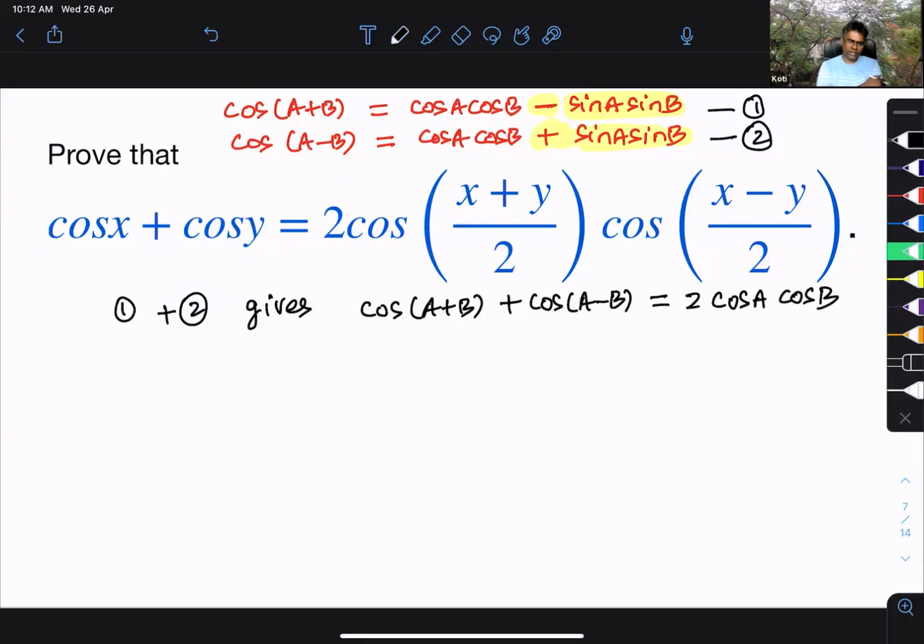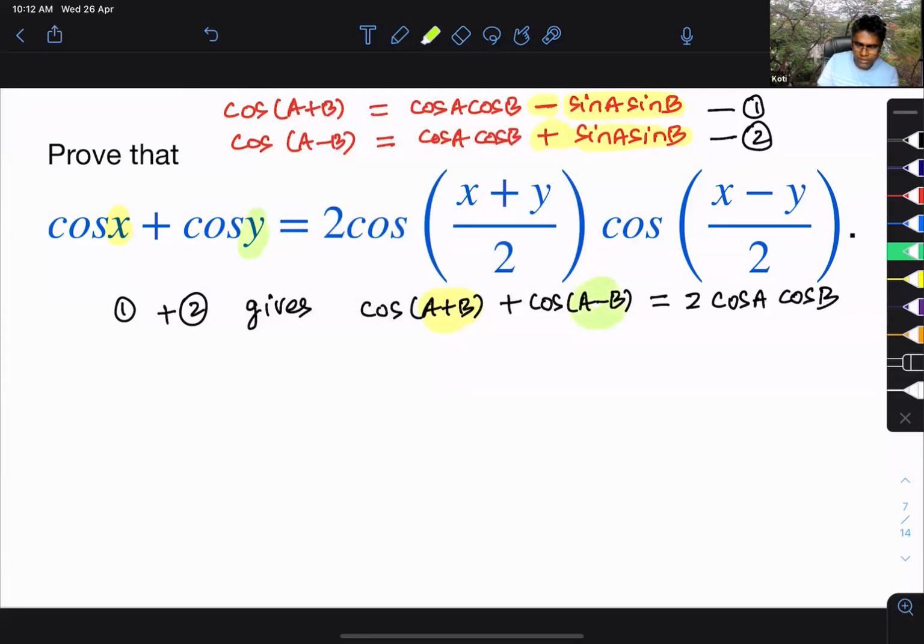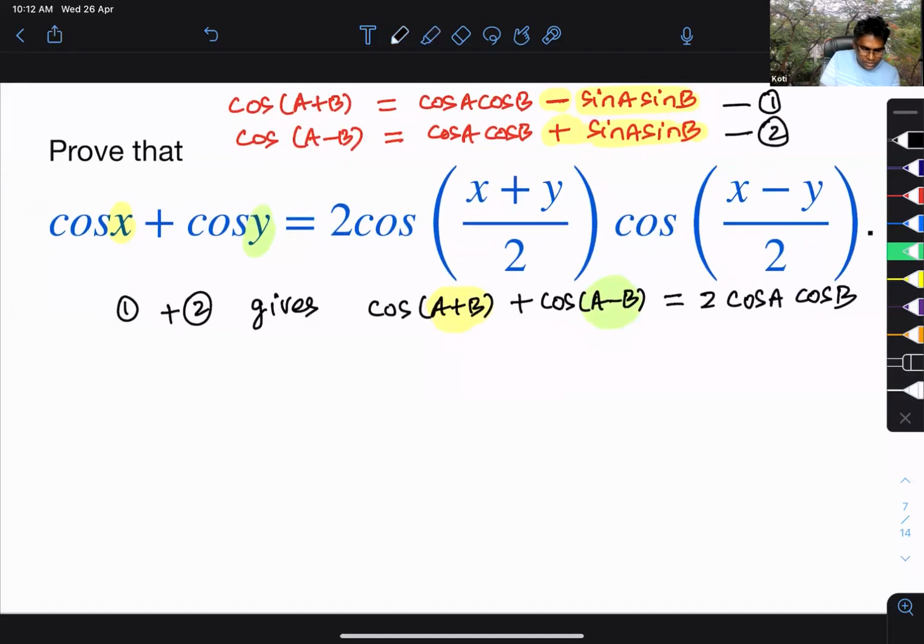Now, the identity that we are trying to prove looks similar to this, right? Except that x maybe is getting mapped with a plus b, and y is getting mapped with a minus b. So we substitute: let a plus b be x, and let a minus b be y.